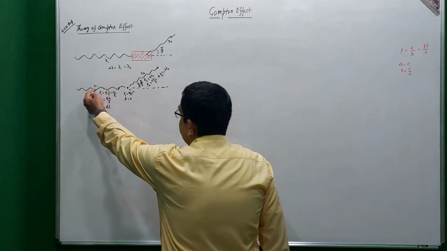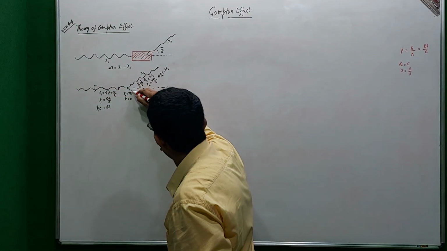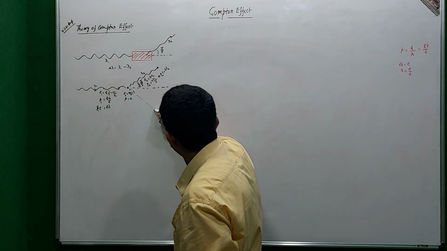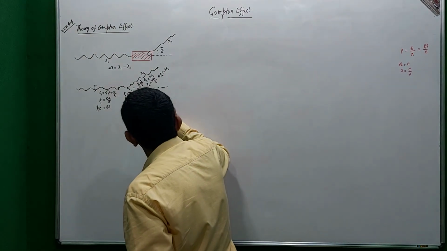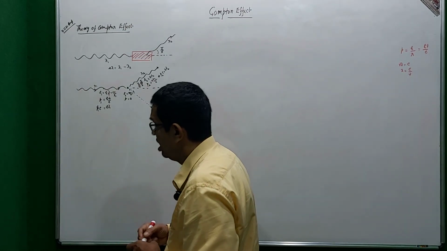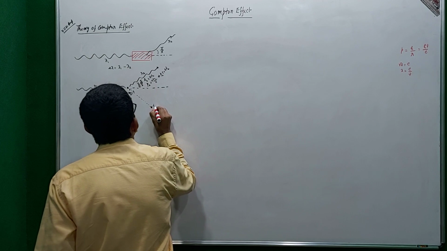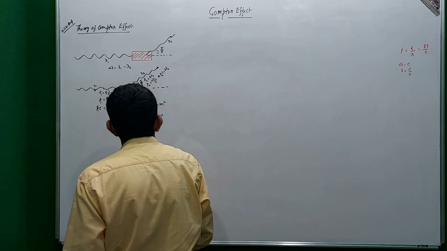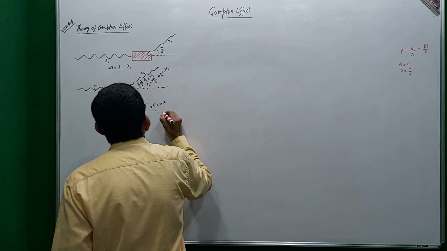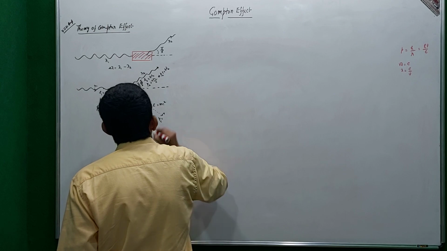Now it is a collision between a photon and an electron, and that is why this electron recoils and moves in the other direction. Let us say it moves along this direction, and this is the recoiled electron, whose energy E = mc square, moving with velocity v, let us say. What is the momentum of the electron?